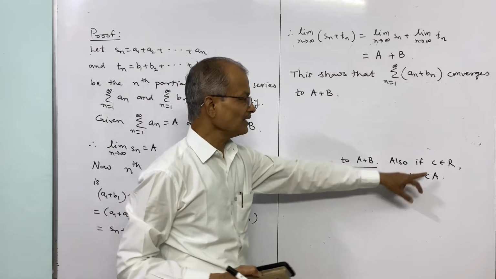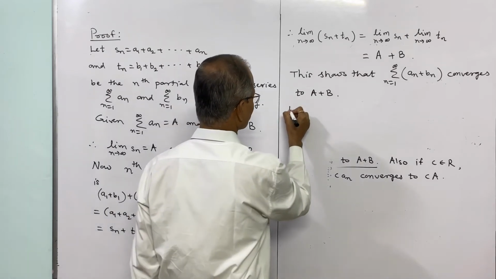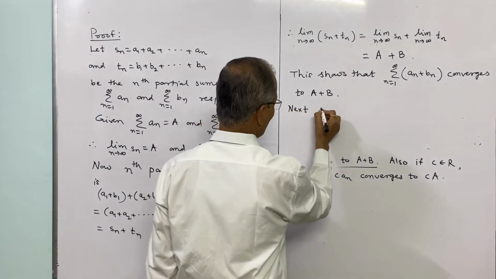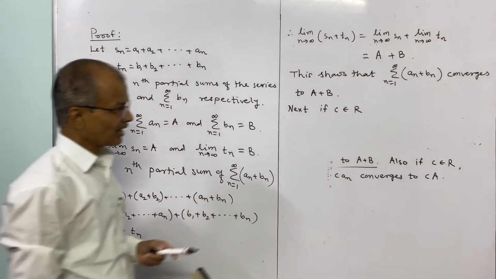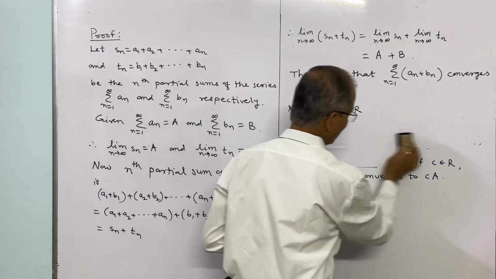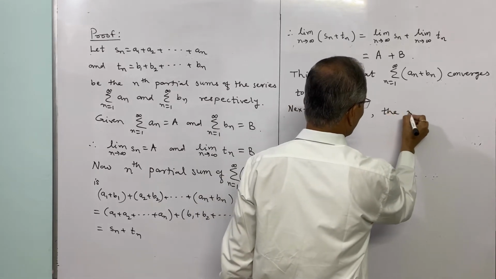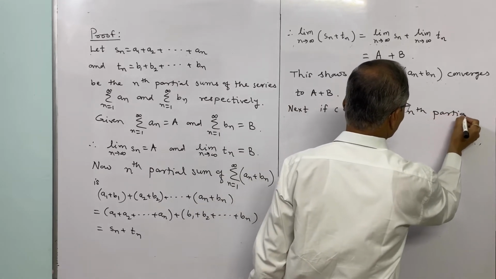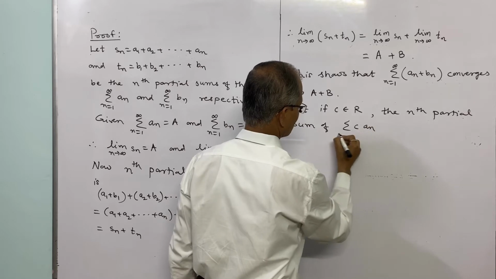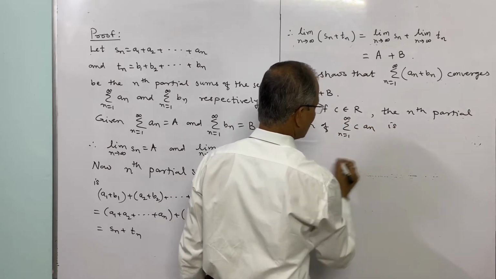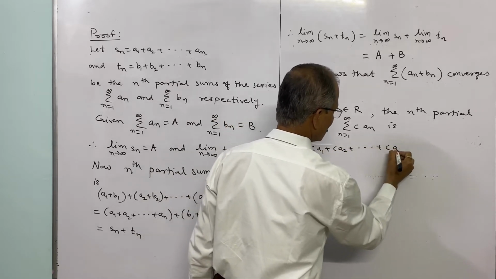The second is easy. If C is in R, meaning C is a constant, we have the nth partial sum of this series, sigma C an, which is C times a1 plus C times a2 and so on up to C times an.